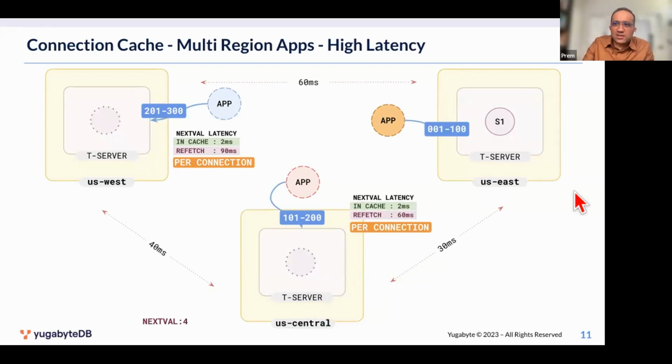Any questions before we go on? Yeah, maybe I would say when each connection runs out of its sequence, it could be a little bit randomized, because over time this connection may run out at a certain time, whereas a different connection may run out at a different time. So at least it's spread out. But one common challenge is if many app instances are being launched at the same time. Imagine that in order to scale up your service, you're launching 100 new application instances, and each of these holds 10 connections.